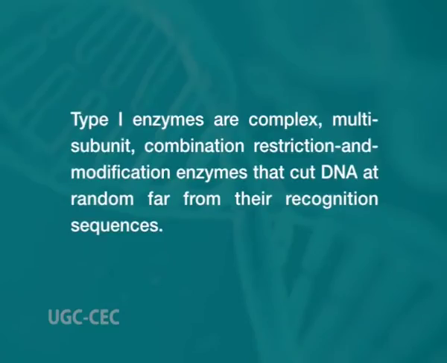The type 1 enzymes are complex, multi-subunit, combination restriction and modification enzymes that cut DNA at random, far from their recognition sequences. Originally thought to be rare, we now know from the analysis of sequenced genomes that they are common.